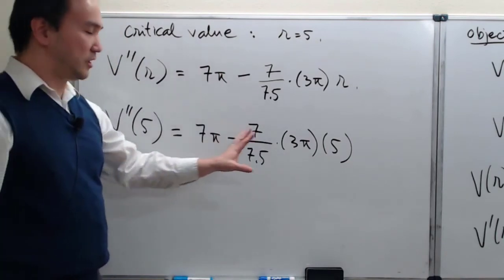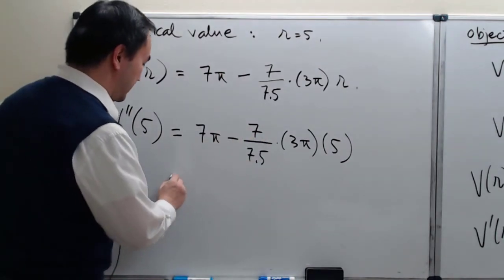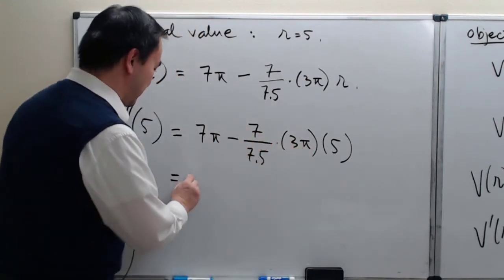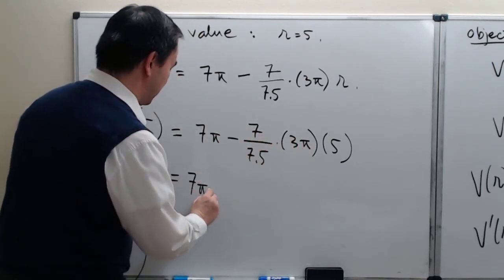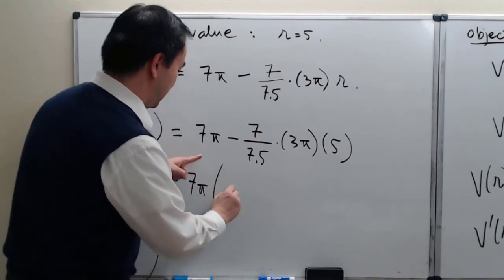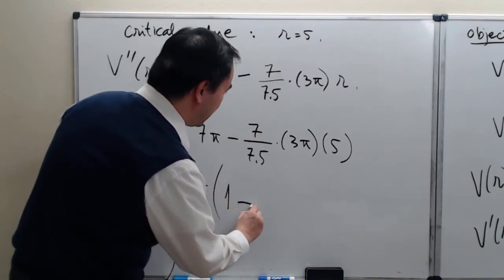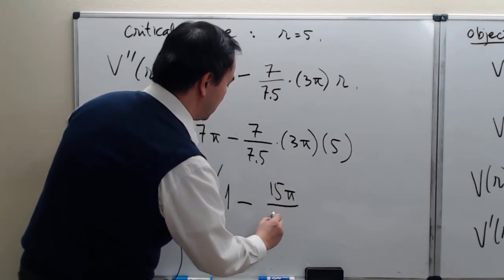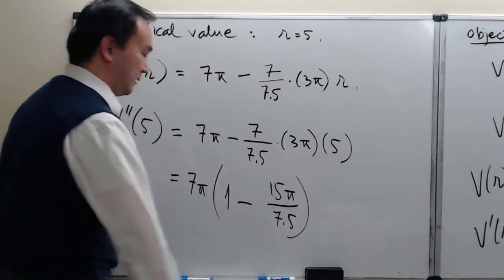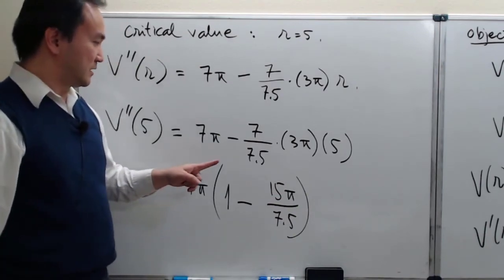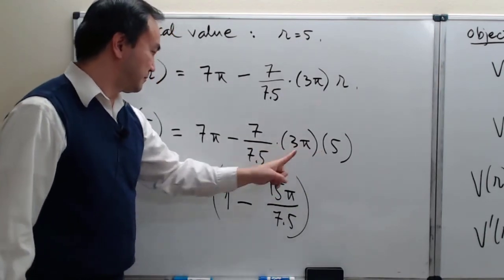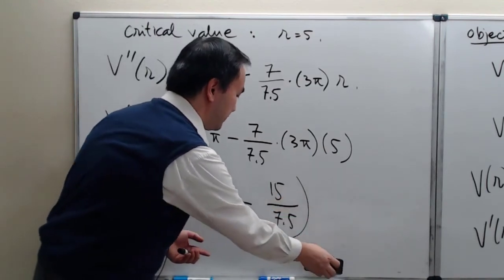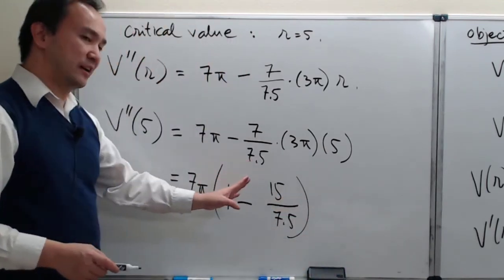Okay, so if it's a little bit too challenging to find out, you can see there's at least a common factor of 7 pi here. I can factor out a 7 pi. There's a 7 pi being positive, and after factoring it out, I'm looking at 1 minus 15 over 7.5. Sorry, we shouldn't have pi here. I apologize for that little mistake.